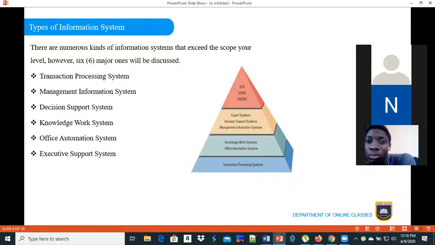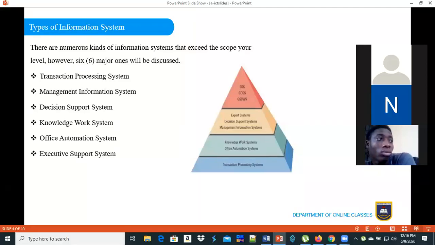System. They use this type of system, the transaction processing system, to monitor transactions, record transactions, everything that happened on that day. Is it clear? Everything that happened on that day. So that is transaction processing system.